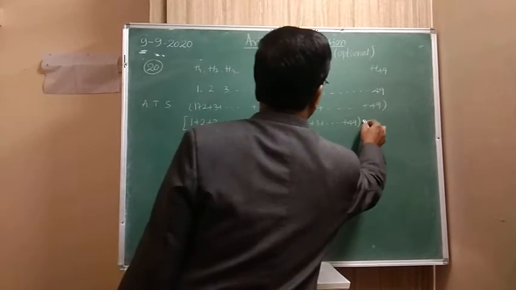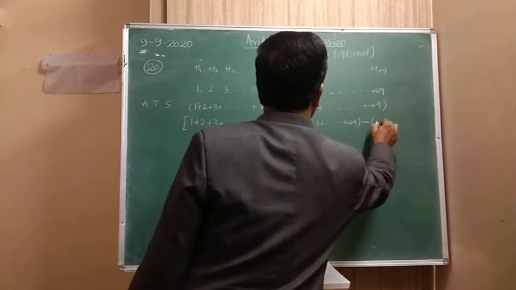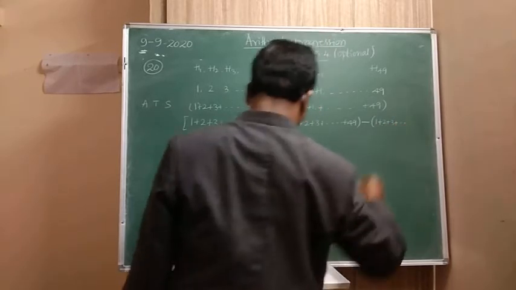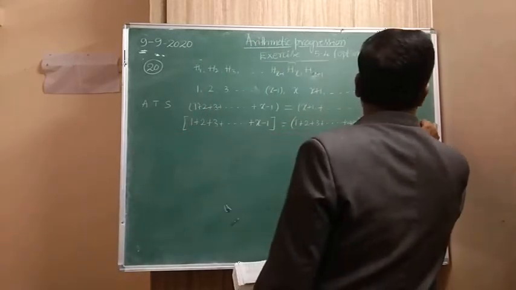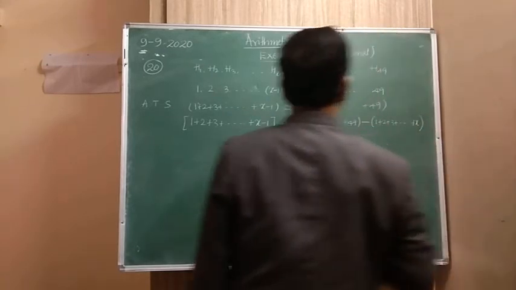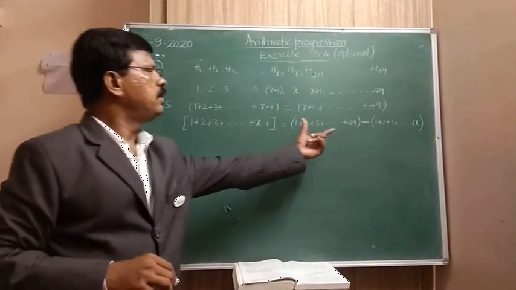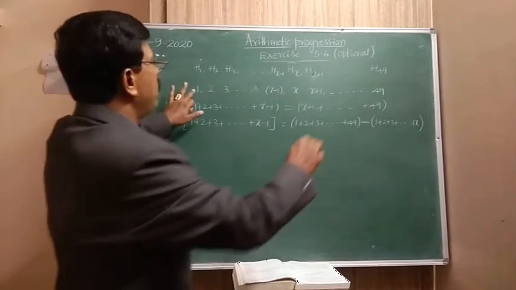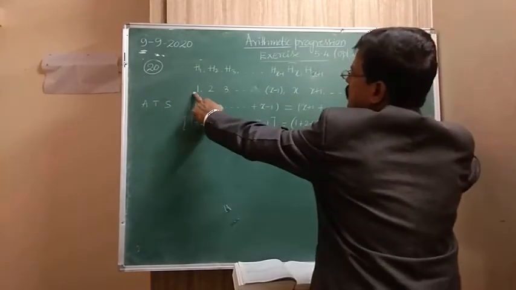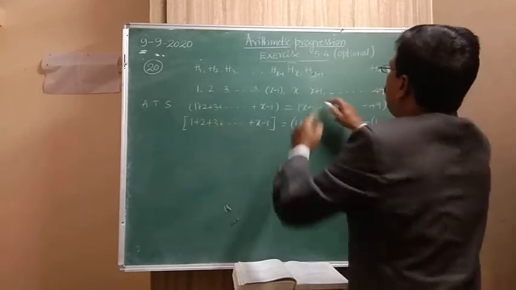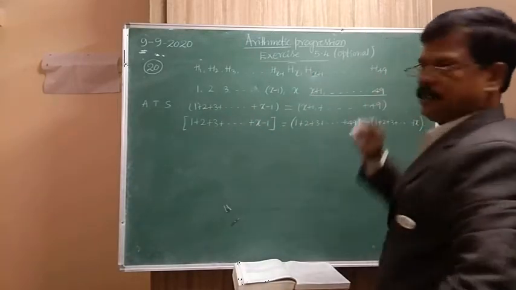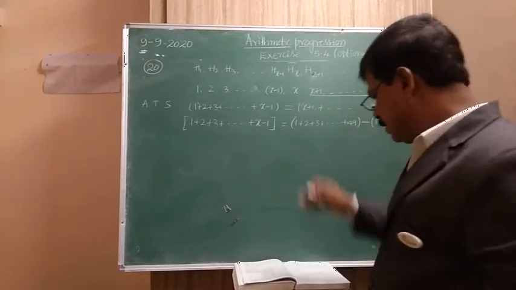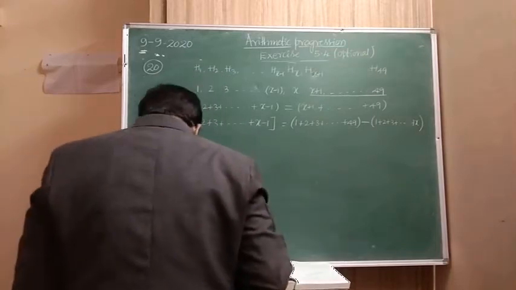From this sum, just subtract the sum of 1 plus 2 plus 3 plus etc. up to x, the sum of the numbers from 1 to x. If you subtract this from the sum from 1 to 49, then you will get the sum of this. So this is the procedure you should follow. That is the hint they gave in the bracket.